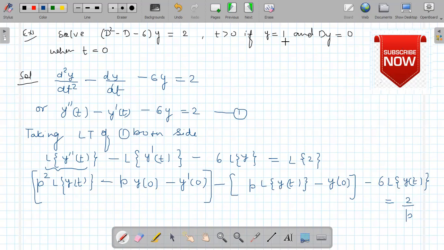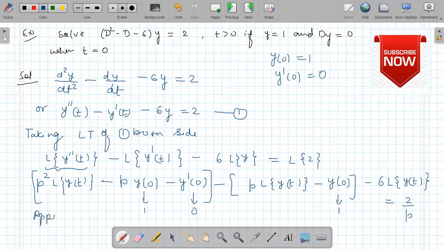So you can apply these conditions: y(0) is 1 and y dash at 0 is 0. So we'll put 1 and 0 here, and 1 here.